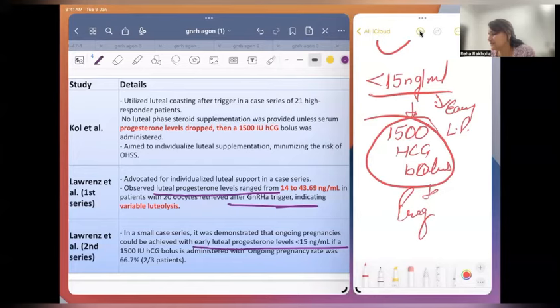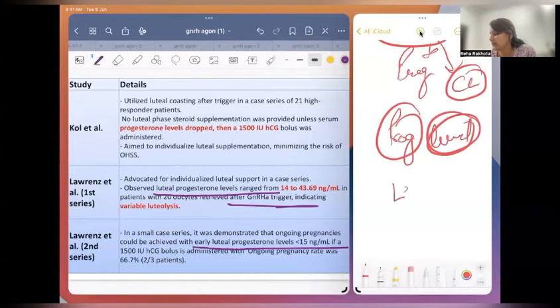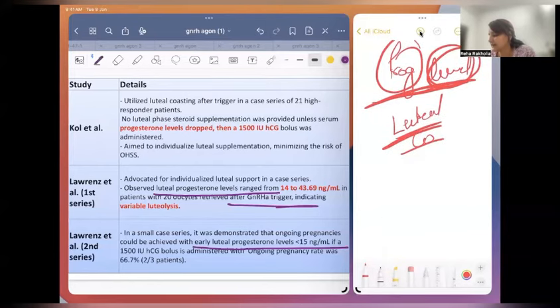This means the bolus will rescue the corpus luteum. In luteal coasting, what we do is monitor the progesterone level, and according to that, we supplement HCG. Okay. This is done now.